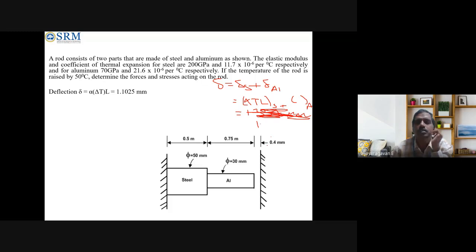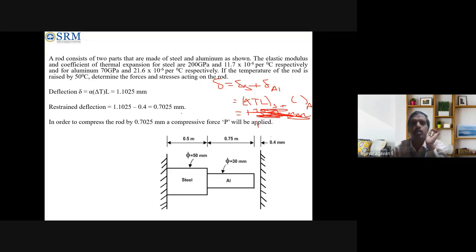Only 0.4 is permitted. So the restrained deflection, similar to the previous problem, how much deflection is arrested? The total deflection is 1.1 mm, of which 0.4 is permitted. So the restrained deflection is going to be 0.7 mm.